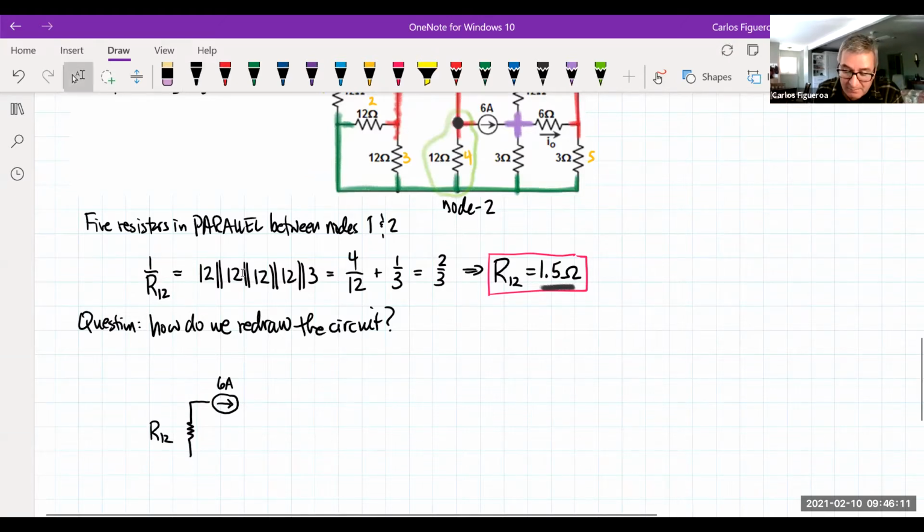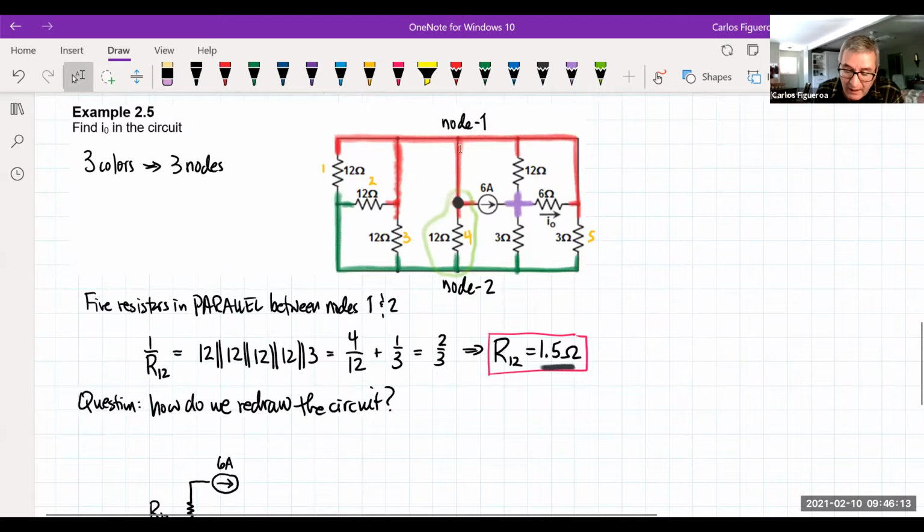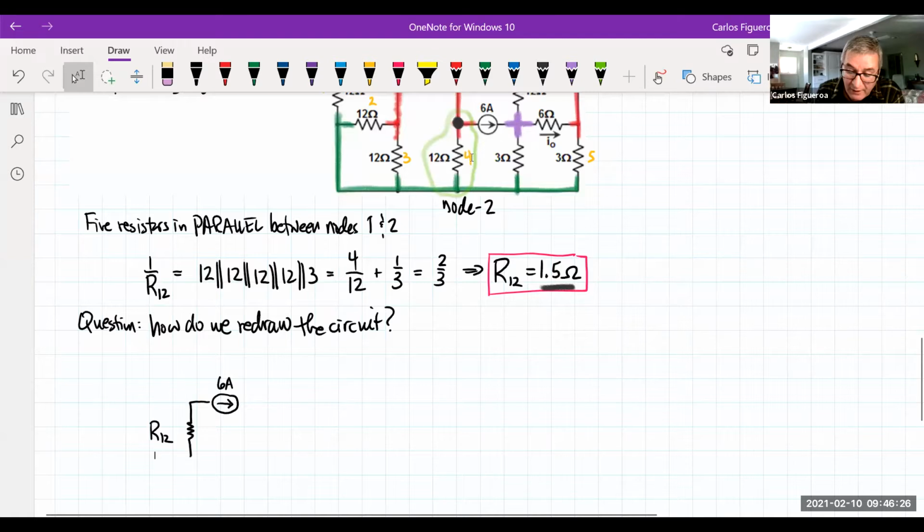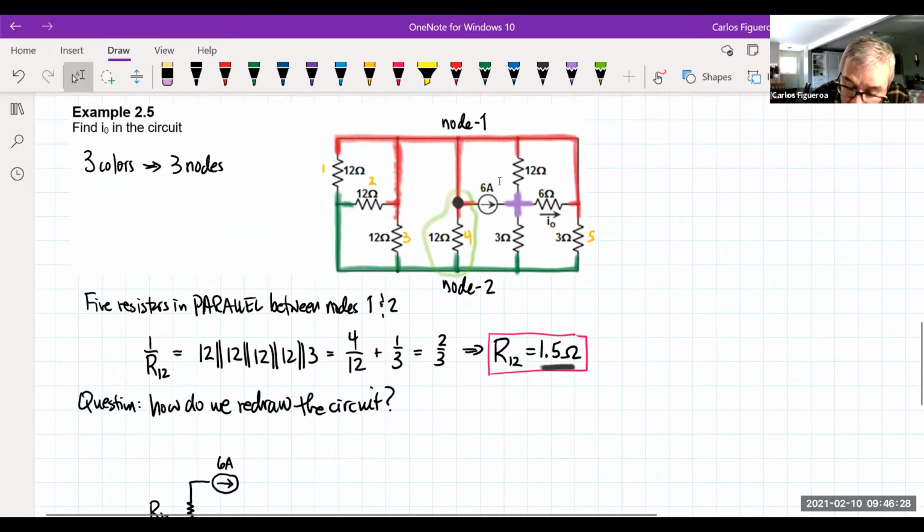You might be saying, but wait a minute, what about that red line? But remember, that red line at that black dot, they're all the same. So there is nothing above this now. It's all going down R2. And then look at my path now.